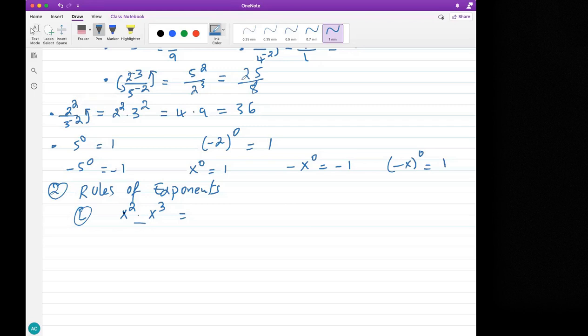Not exactly. We do not multiply them. We add them. Even though this is a multiplication, the powers add up. So 2 plus 3 is x to the 5th. These powers could be negative or positive, whatever they are, just combine them and see what the result is. For example, you may have a negative 1 times x to the 5th. So what do you do with that?